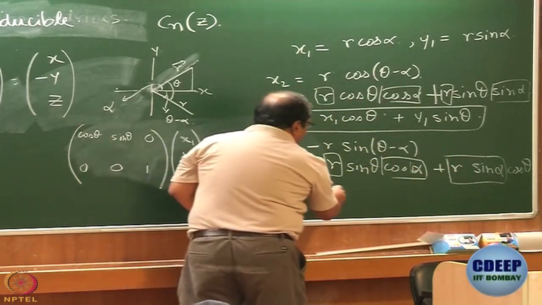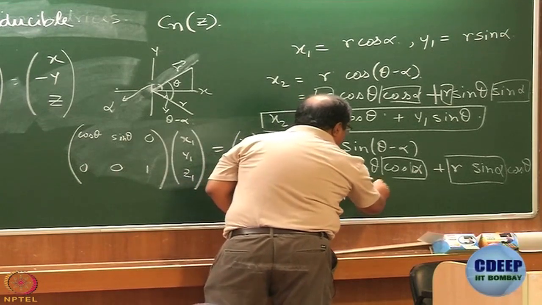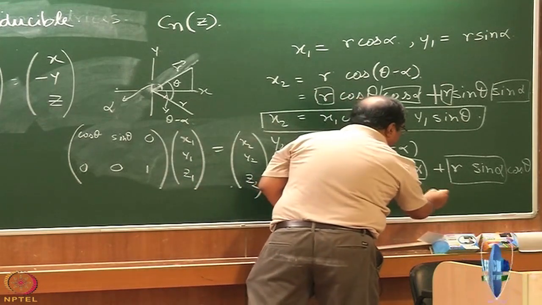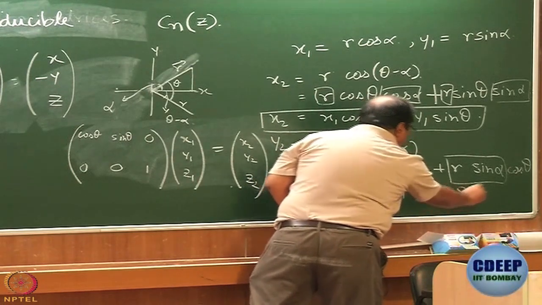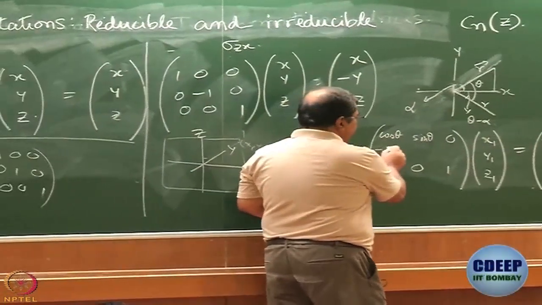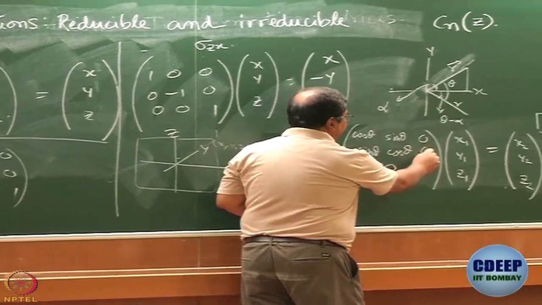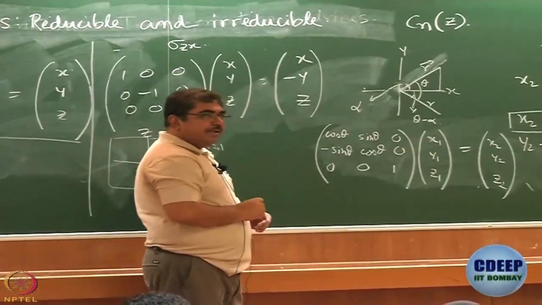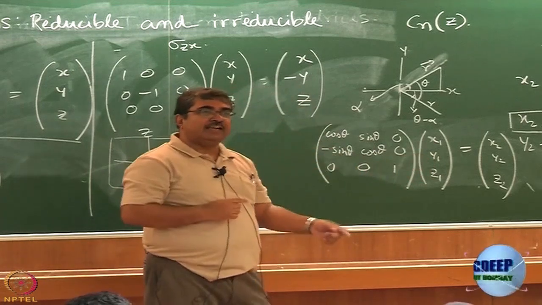So, I got minus x1 sin theta plus y1 cos theta. What will the second line be then? Minus sin theta, cos theta, 0. Okay. So, this here is your transformation matrix for rotation by angle theta.